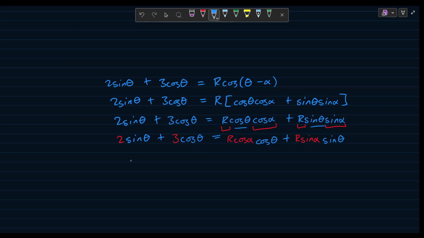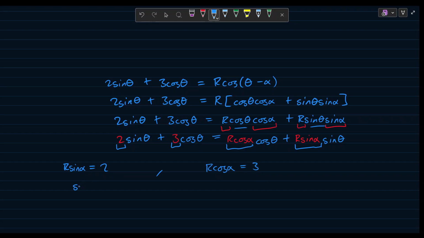So here we can tell that the coefficient of sine theta is going to be r sine alpha. So it means that r sine alpha is equal to 2, and the coefficient of cos theta is going to be r cos alpha. So we get that r cos alpha is equal to 3.